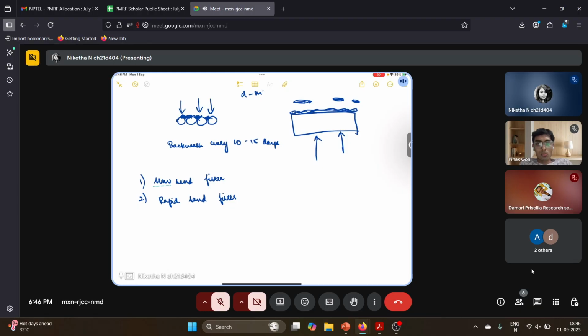Slow sand filter, as the name suggests, is very slow, whereas in the rapid sand filter the flow usually happens because of some pressure inducing device like a pump, and it creates a vacuum because of which suction happens and the water flows through the filter rapidly. Whereas in a slow sand filter, the force acting on the water is just gravity. So gravity only initiates the flow through the sand, whereas in a rapid sand filter, it could be vacuum plus gravity.